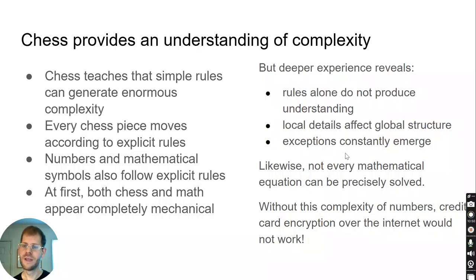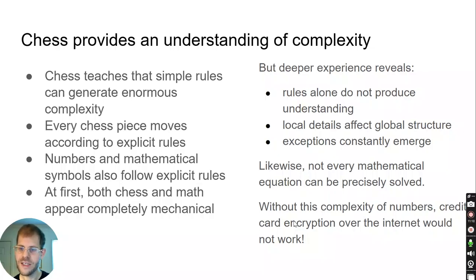That's why there are supercomputers that play chess against each other all day, and there are all these positions that the supercomputers disagree on who's winning. Just like not every mathematical equation can be precisely solved, the supercomputers can't figure out which side is winning in certain chess positions.